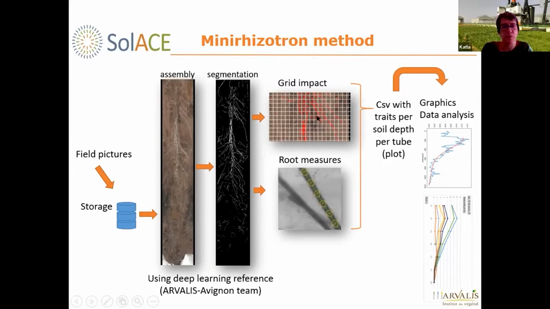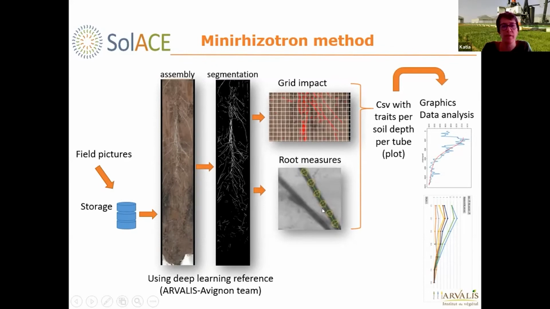And at this moment, we can apply two kinds of measure. One is the grid impact for a root profile. So in each centimeter squared, you can have a measure of whether there is a presence of roots or not, and so you have a percentage of roots for each centimeter of depth.